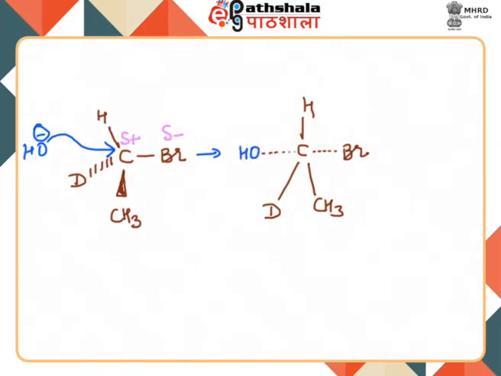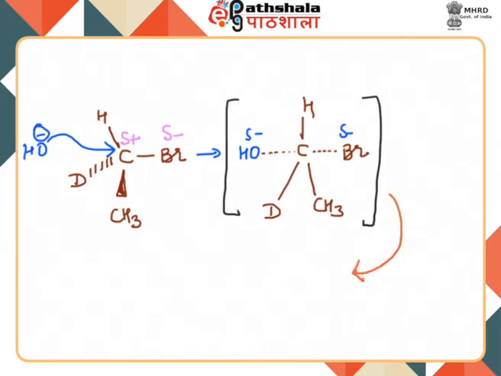So this is the transition state, and you can notice that here there will be delta minus on both of them, and further what happens is it will be undergoing the cleavage here.